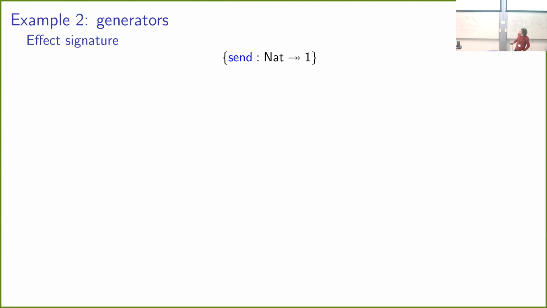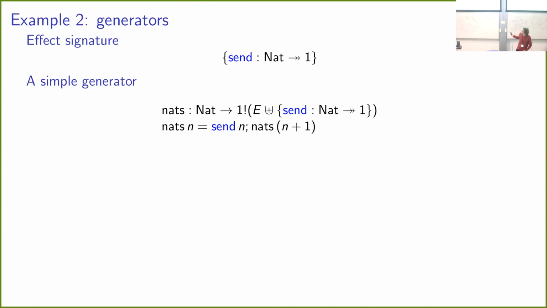This example is not that interesting, but I'll quickly show you generators. The thing I'm trying to sell effect handlers for mostly at the moment is concurrency and asynchronous programming abstractions. But generators are something we can implement here.